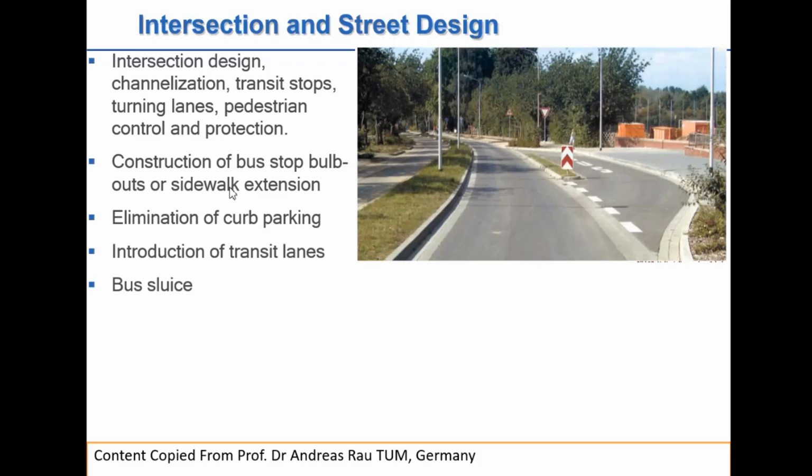In the construction of the bus bulb, this is the specific concept called bus stop bulb out. So here it can go on, and then it can go out, and in the next slide I will show how we can eliminate the curb parking as well.